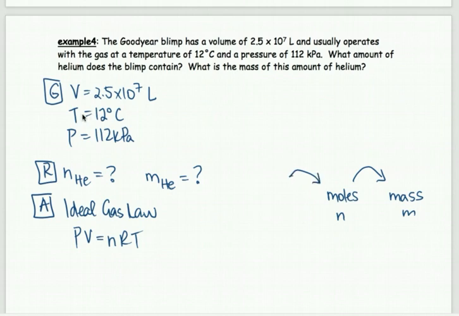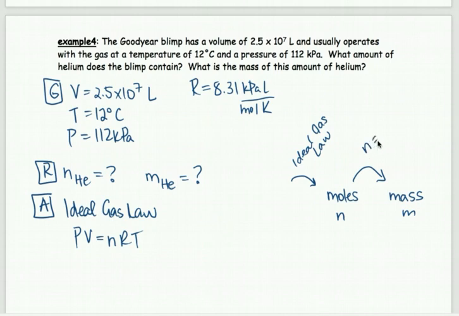Well, we know all this information here, and we also know the gas constant. So we can use the ideal gas law to find the moles, and then from there go to the mass island using our molar mass.